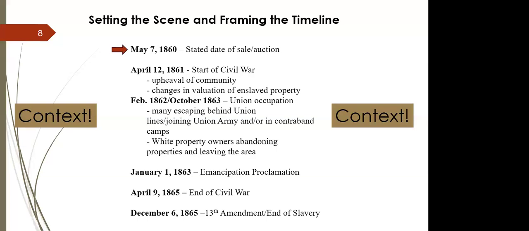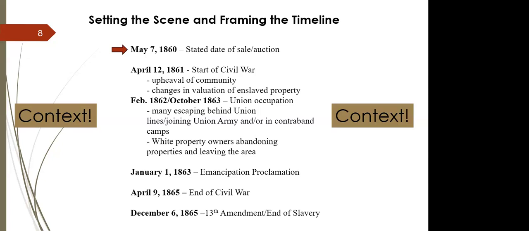This resulted in many formerly enslaved persons escaping behind Union lines, joining the Union Army, joining the Union Navy, which many had already done before this, and also getting word about and moving their families into contraband camps, either around Fort Monroe, Virginia, or on Roanoke Island.